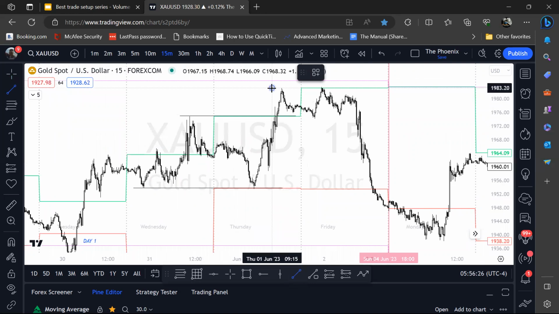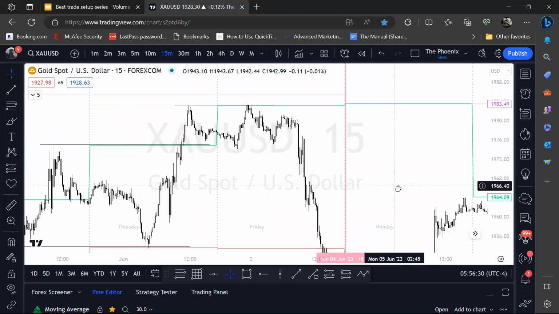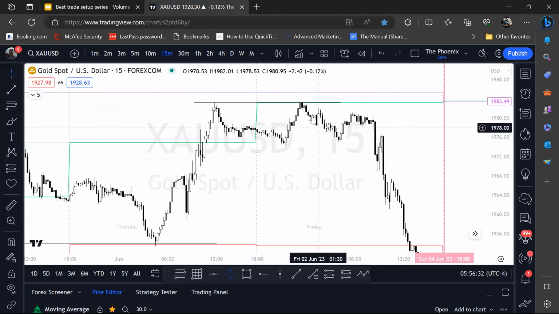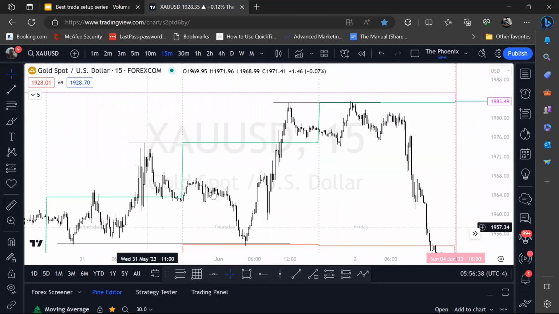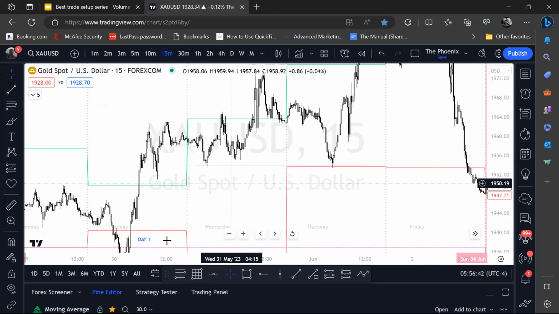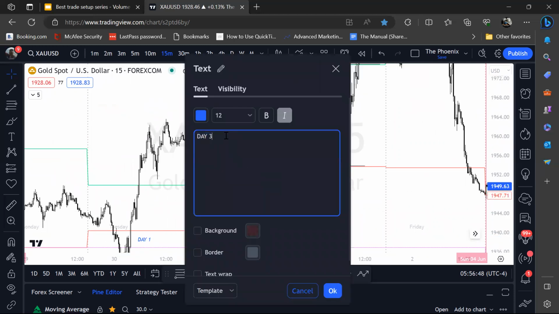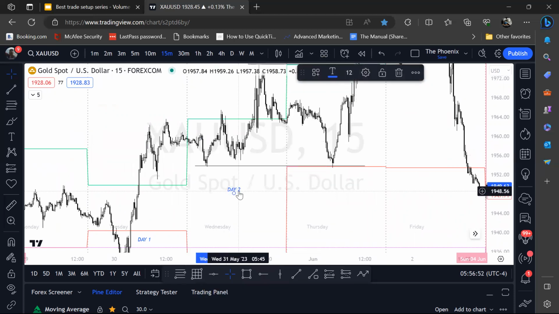I don't know if you can see this clearly, but what price did was tag the high of the week. So this is now day one again in this cycle. So we had, let's fix this count, day one, day two, and we now have day three.